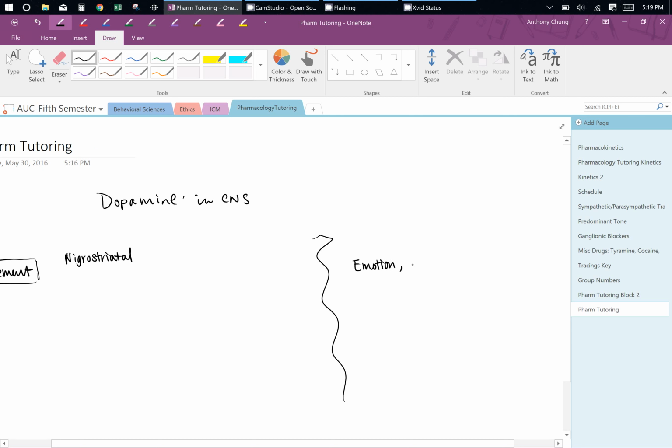It has to do with reward. By reward, we mean something that you do that makes you happy. So doing drugs for some people is also that whole system. Okay, so that's the ventral tegmental area.